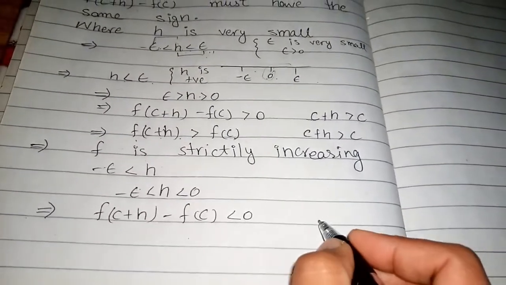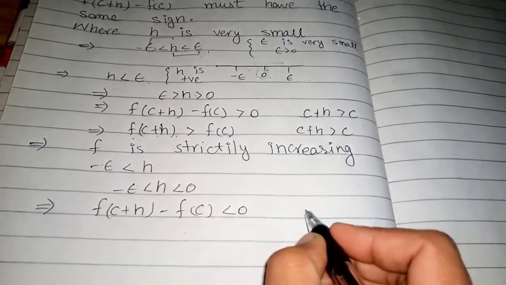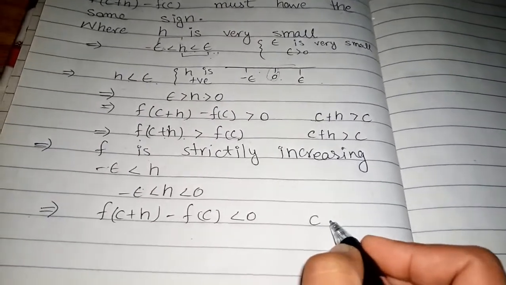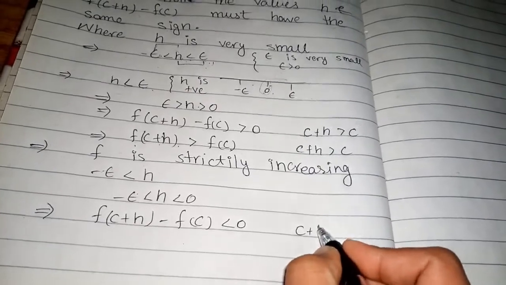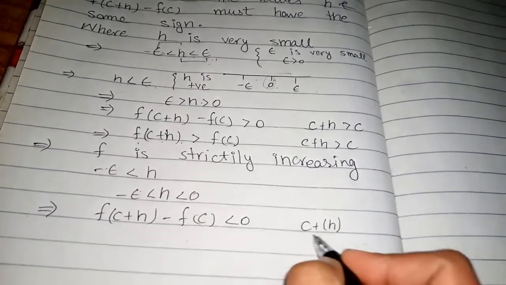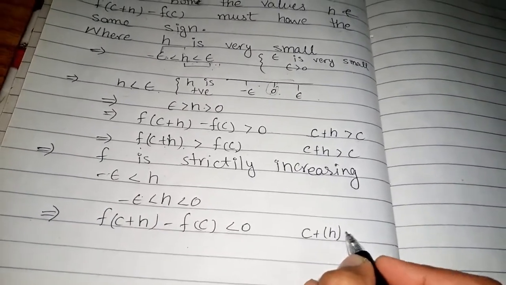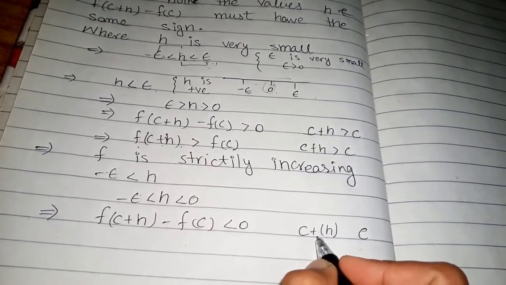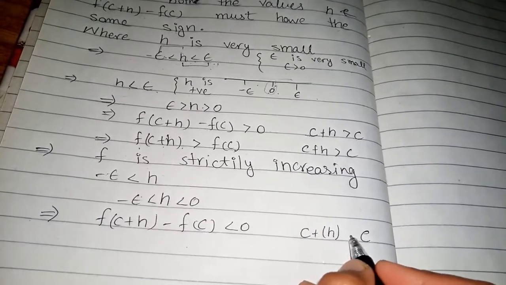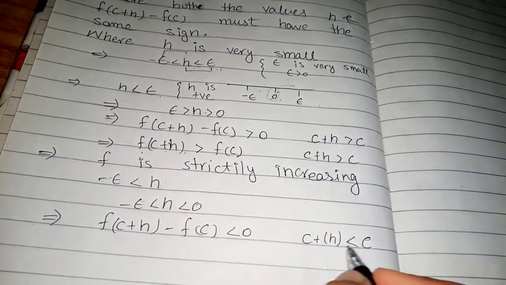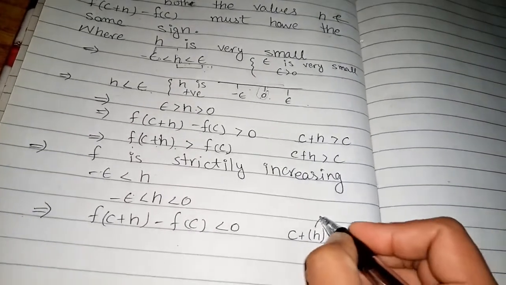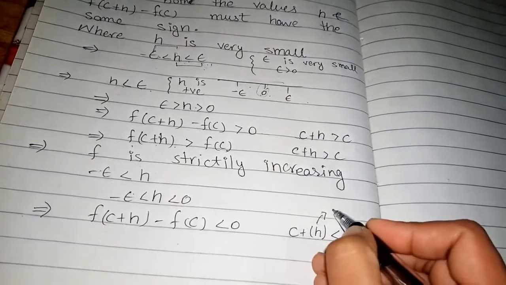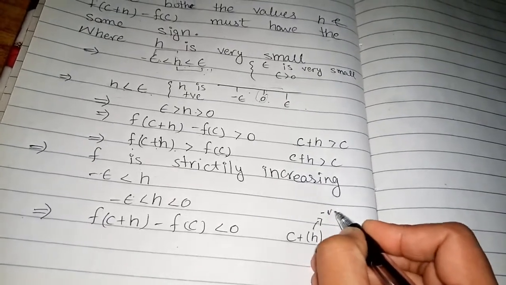We have a point c, and we add some negative number to c. Then what is the relation between these two points? c plus h must be less than c, because here h is a negative number.